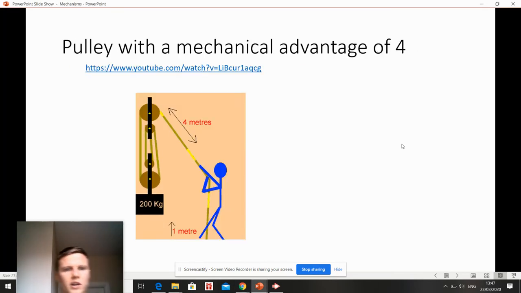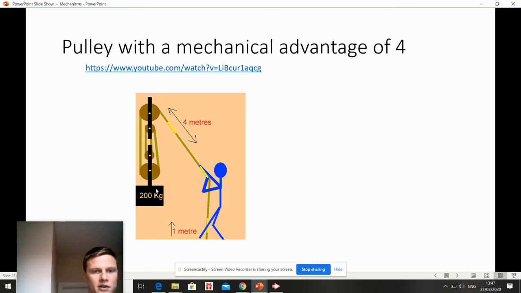So we look at another example here. This is how you're going to find out the mechanical advantage. The mechanical advantage is the number of ropes that your weight directly hangs off. You can see this weight here is hanging off 1, 2, 3, 4 different ropes, so a mechanical advantage of 4. It would probably be more accurate to call these newtons rather than kilograms, so we'll say 200 newtons.